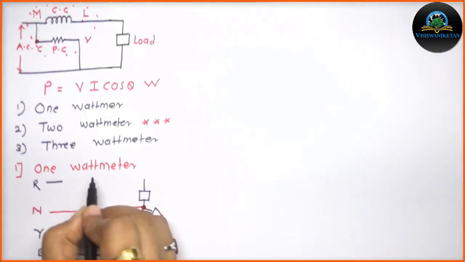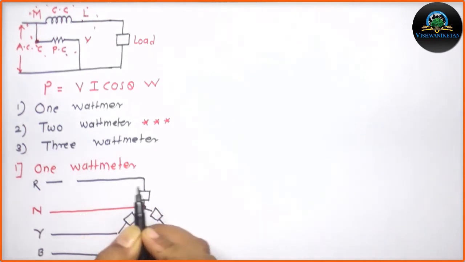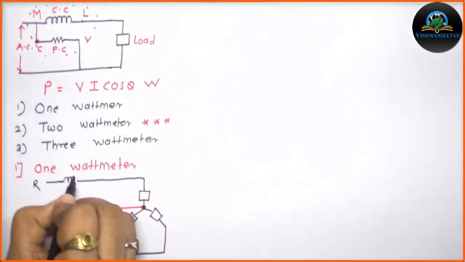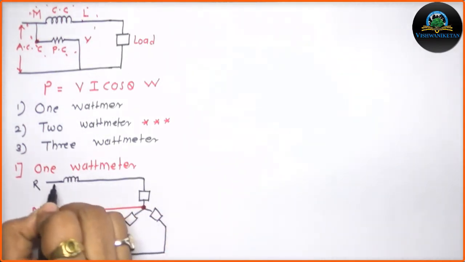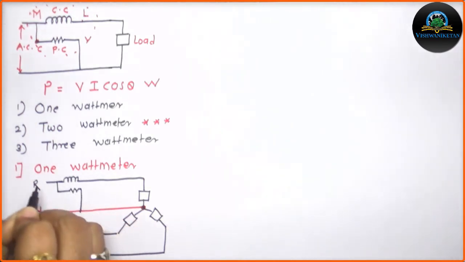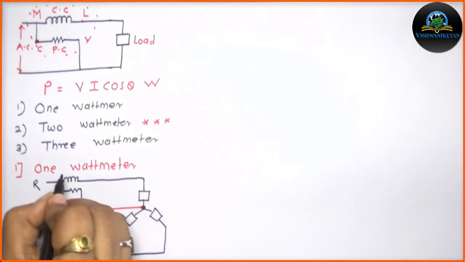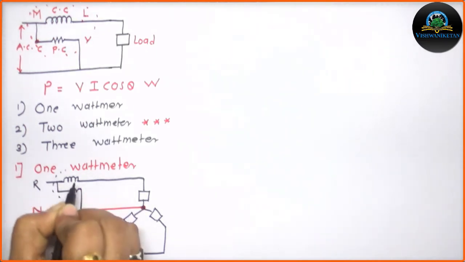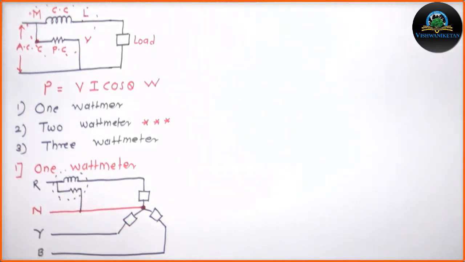Now when doing the connection of the wattmeter, the current coil is connected to one of the phases and the potential coil is connected across any phase and the neutral. So this will be my wattmeter reading.